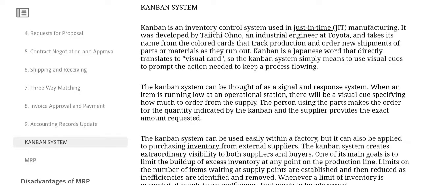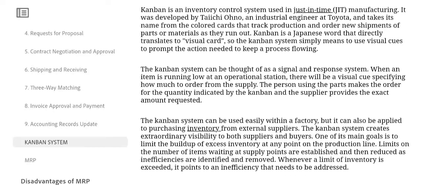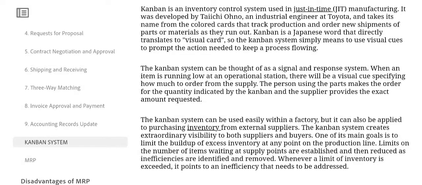Kanban is a Japanese word that directly translates to visual card. So the Kanban system simply means to use visual cues to promote the action needed to keep a process flowing. This is also a very important system which comes in the JIT section.